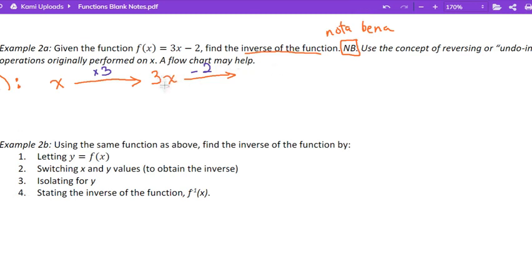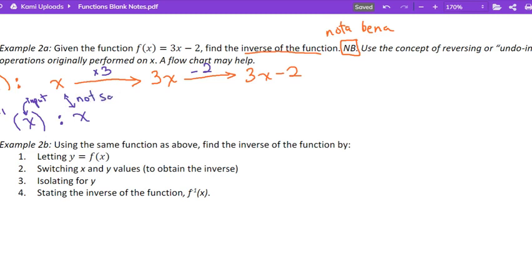All right. And then when I subtract 2, I get 3x minus 2. So that's the output. Now let's look at the f inverse. Again, the input is an x, but it doesn't mean that these two x are the same number.